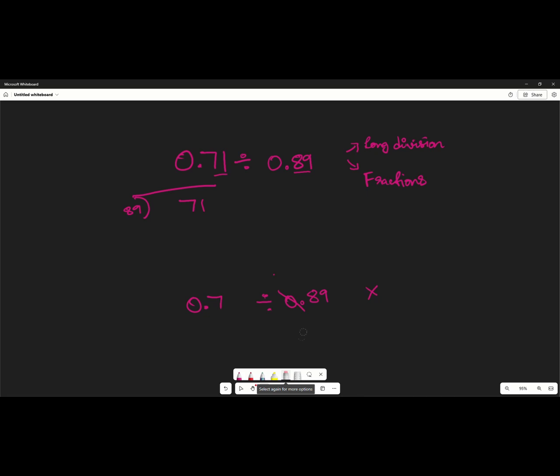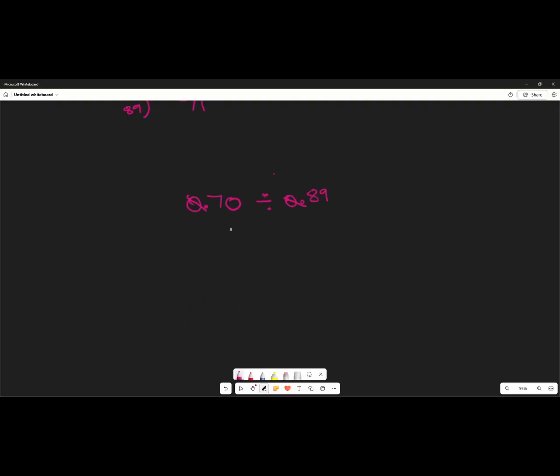What you have to do is, first you have to ensure that there are an equal number of decimal places. 0.70 divided by 0.89. Now you can cancel the decimal places, because now it will be 70 by 89. Earlier it was 7 by 89.